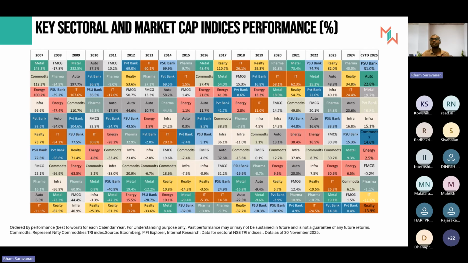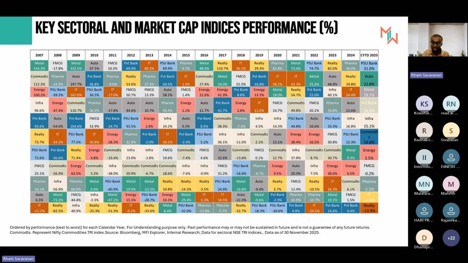It shows the reality that every long-term investor must accept: sectoral leadership keeps changing every single year. What you are seeing in this calendar year ranking for sectoral performance is that each column represents 1 year. The sectors are arranged from best to worst, and you notice one thing very clearly: no sector stays on top consistently.